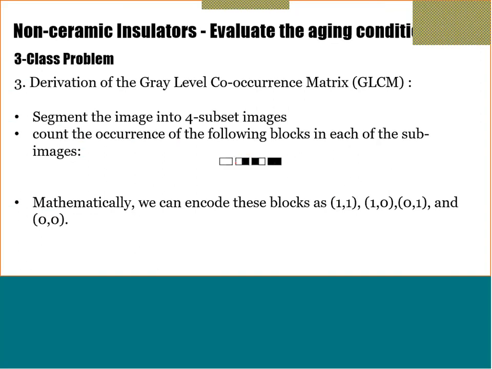So we have something like this. These are the segments into 4 subset images, and then we have blocks. Each block is made from 2 pixels. So it's either white-white, white-black, black-white, or black-black. There is no other possibility here. So we have these 4 different blocks, and we give them numbers.